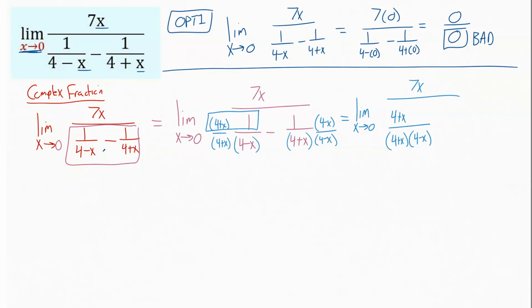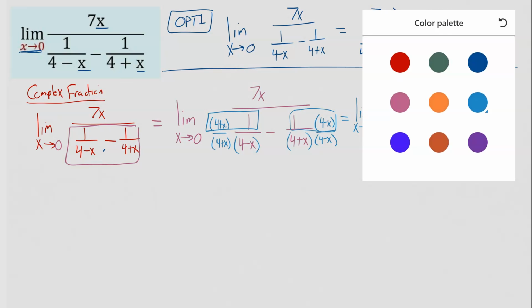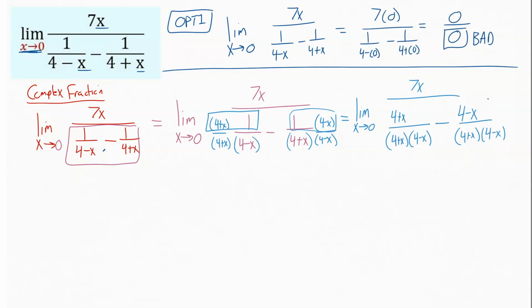In fact, if you do, it usually does more harm than good in these situations. Then we multiply the top here again: 1 times 4 minus x gets us 4 minus x, and that's all over 4 plus x times 4 minus x. Now that we've got our common denominator, we can bring that together as a single fraction right there.